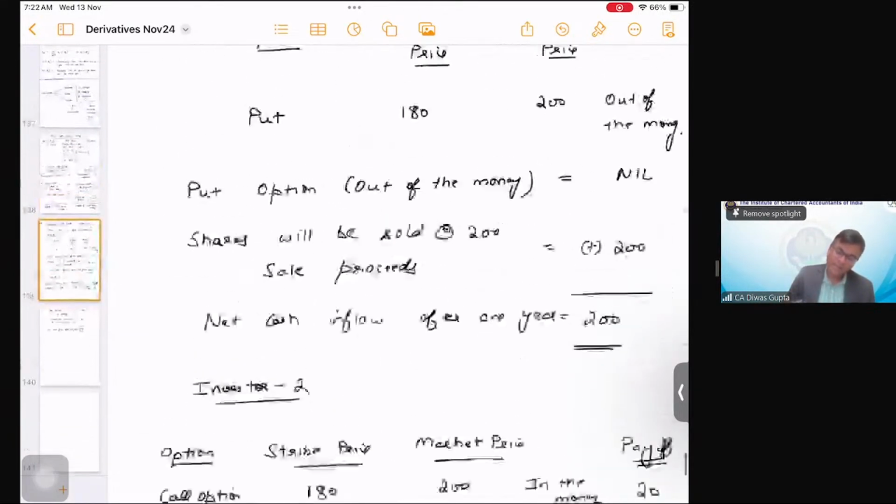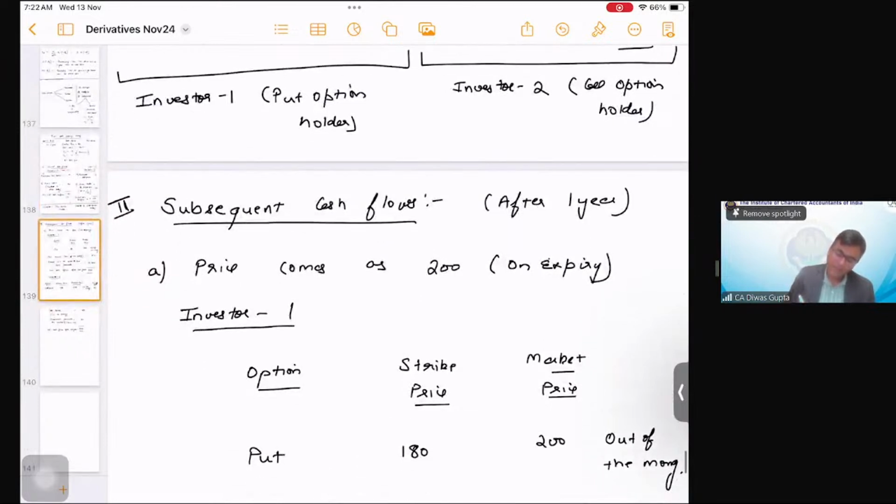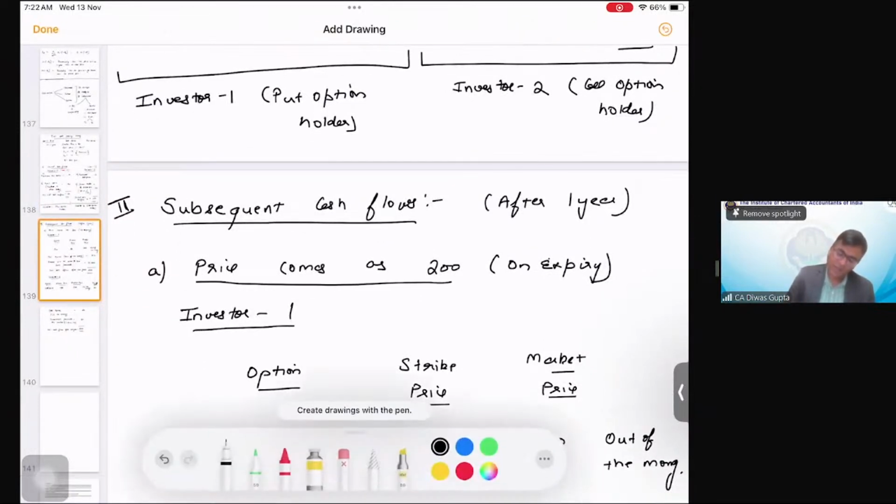Now let's take another case. So this is the A case that we have taken. Let's take B case now.